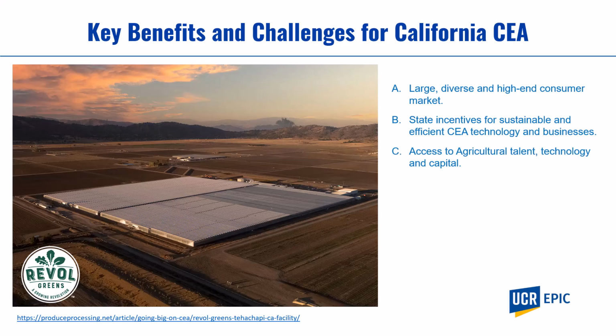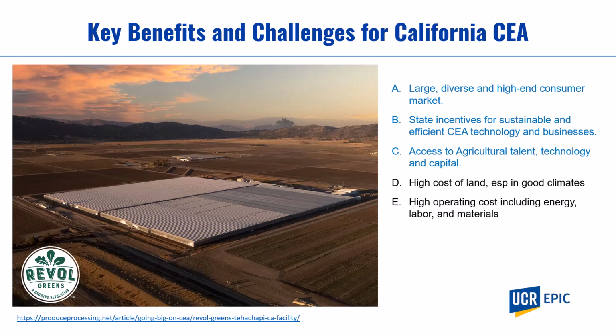On the challenging side, of course, is cost. Land is quite expensive here, especially in good climates. So think of Napa Valley and wine grapes. That is some of the best growing climate in the world for any crop, definitely for grapes, but that exact same climate is actually good for a controlled environment greenhouse infrastructure, and of course that's quite expensive.